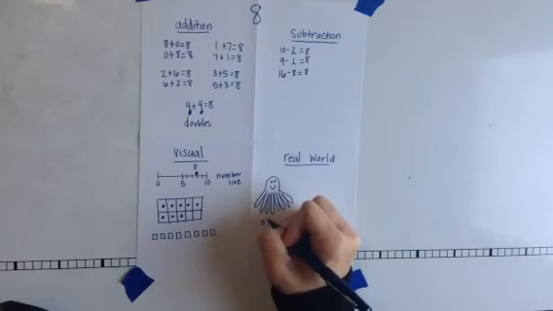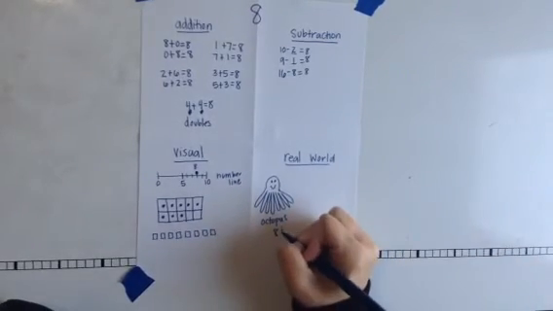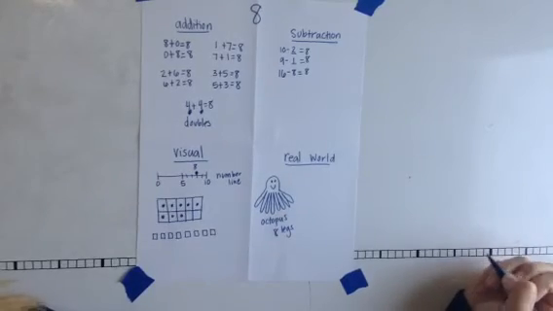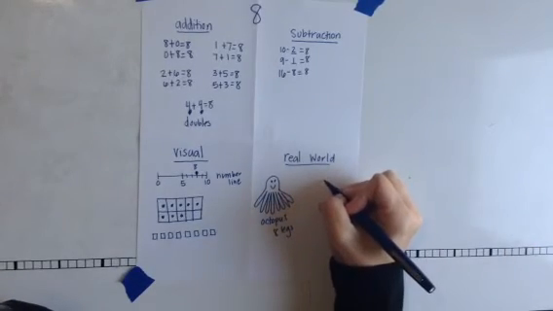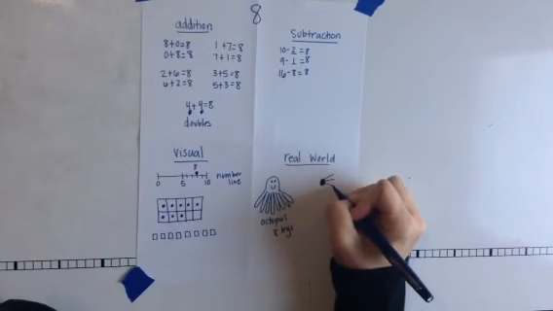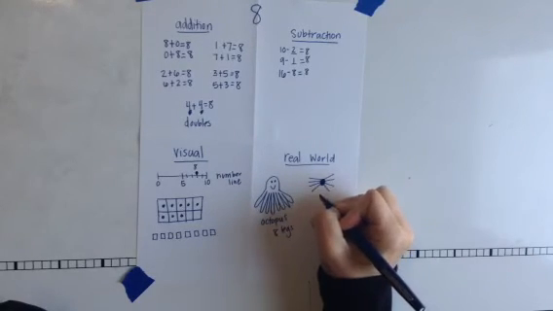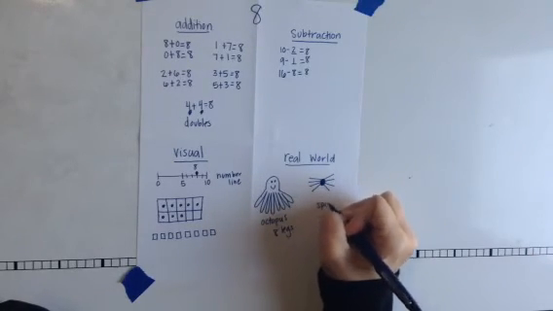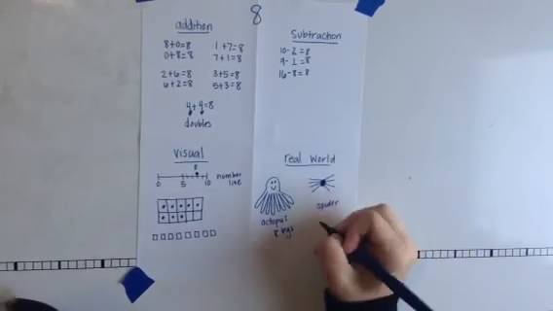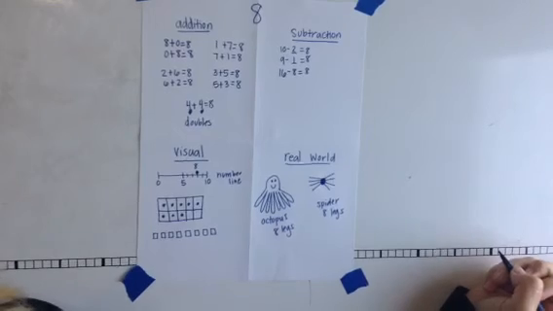Boys and girls, an octopus has 8 legs. Another animal that I can think about that has 8 legs is one that I do not like to find in my house. If you're thinking of a spider, you are right. A spider also has 8 legs.